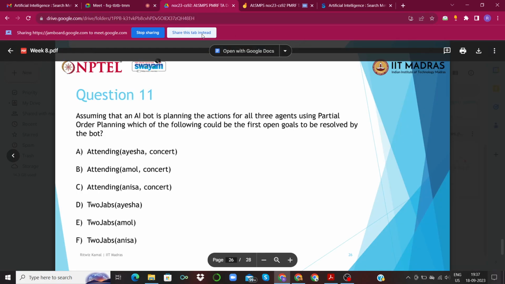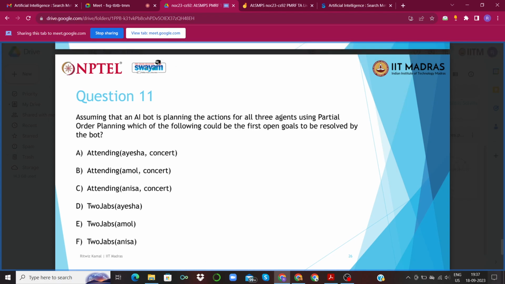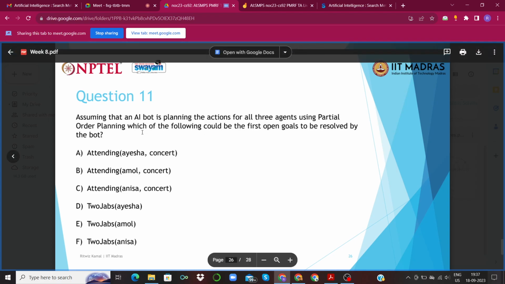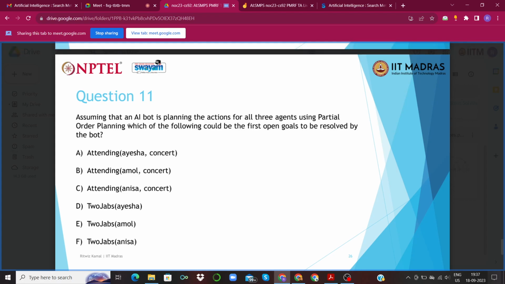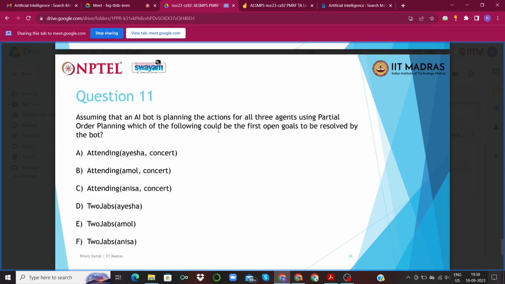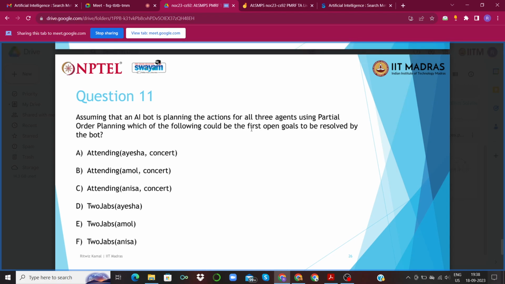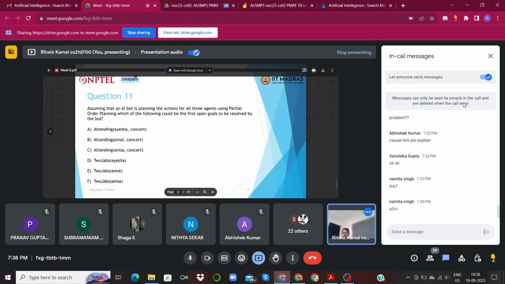Let's go back to the question that we had, which was: assume that our AI bot is planning the actions for all the three agents using partial order planning. Based on that, which of the following could be the first open goals to be resolved by the bot? So remember, the first open goals we have to think about. These would basically be the subgoals that we want to satisfy, right?